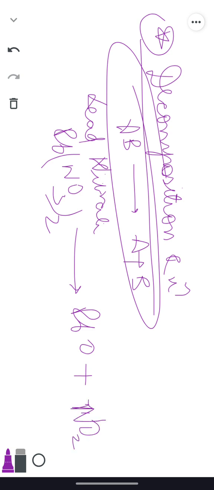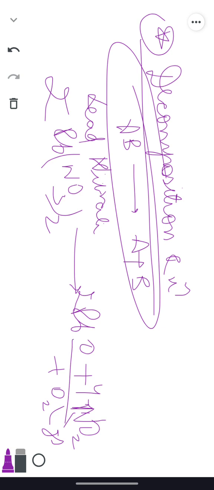If you write a balanced one, it will be 2 here, 2 here, and 4 here, and here it will be O2 only, right? This is gas, this is again gas, and this is solid. I'm not able to write it properly here, but I guess you are getting what I mean.